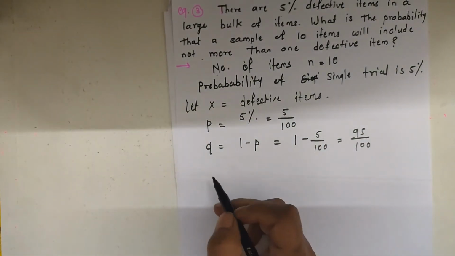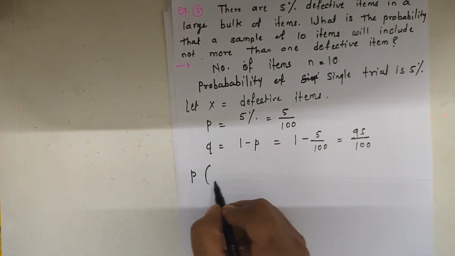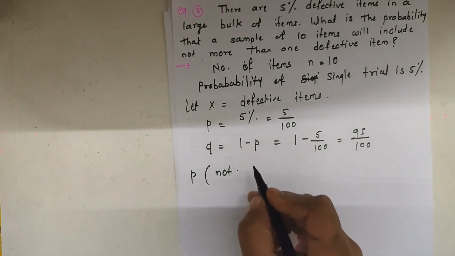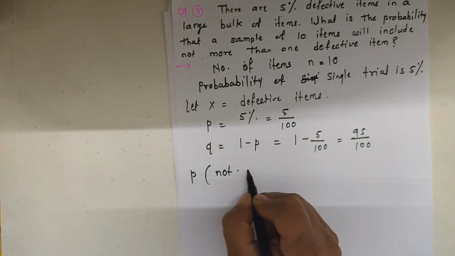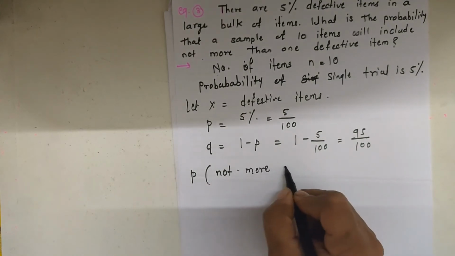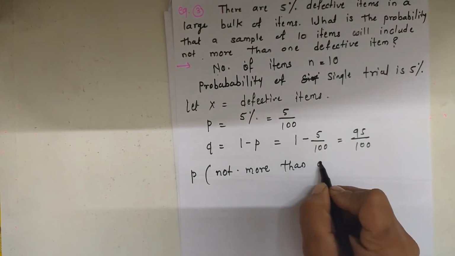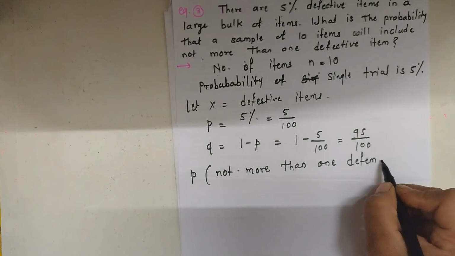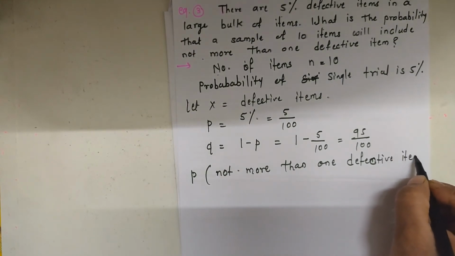So here we have to find the probability of the number of atoms include not more than one defective atom.